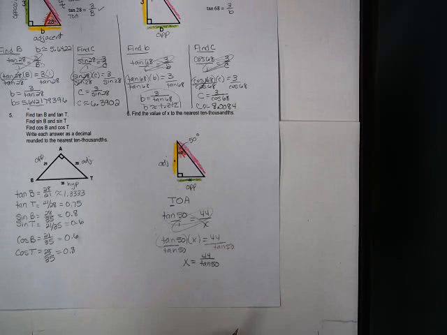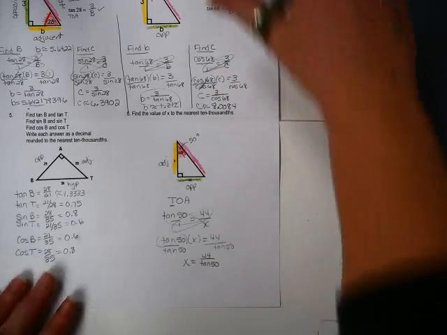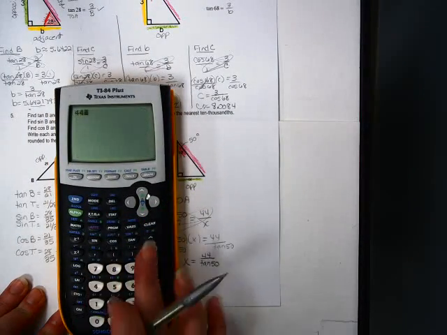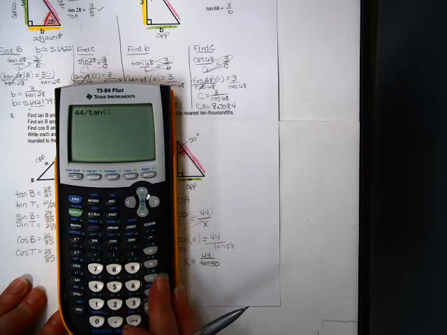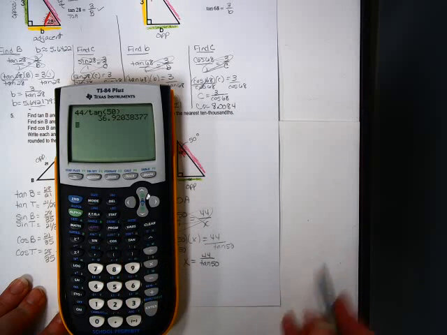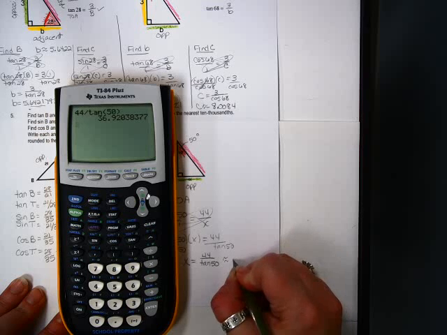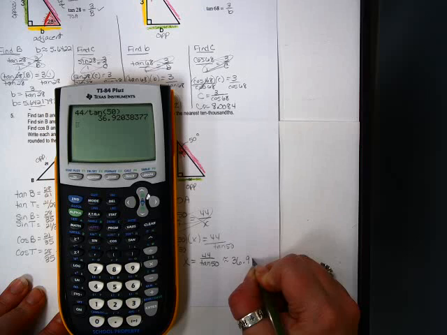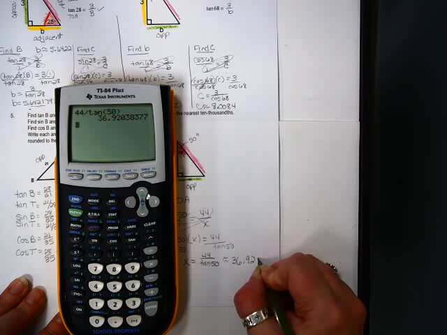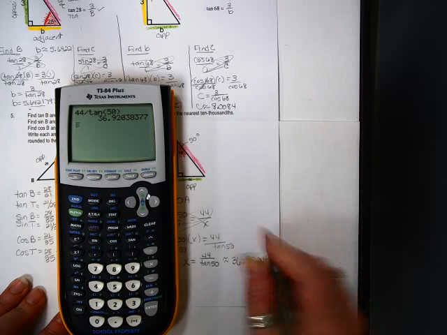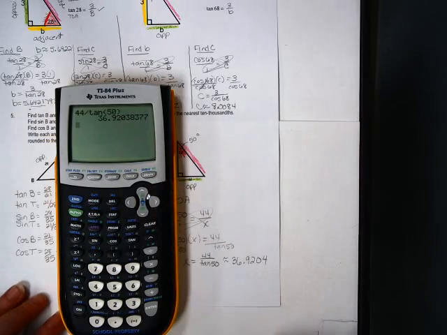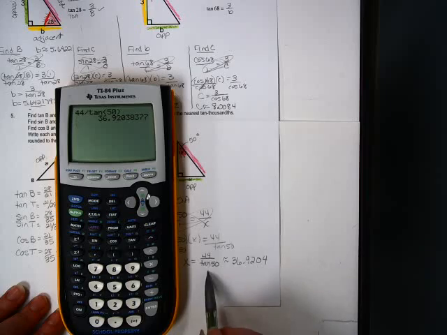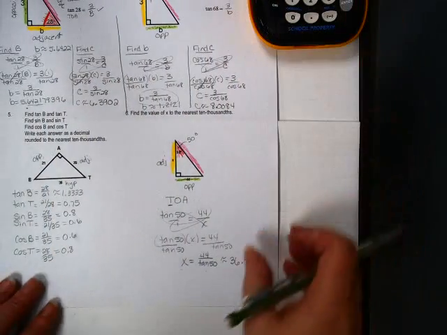Now, that's my exact answer, but I'm going to plug it into my calculator. 44 divided by tan 50 gives me approximately 36.9204, because that 8 makes that 3 round up. So there's my estimated answer and my exact answer.